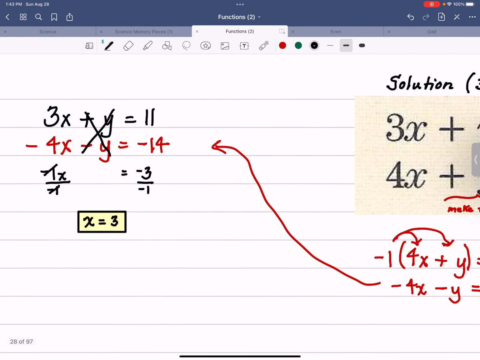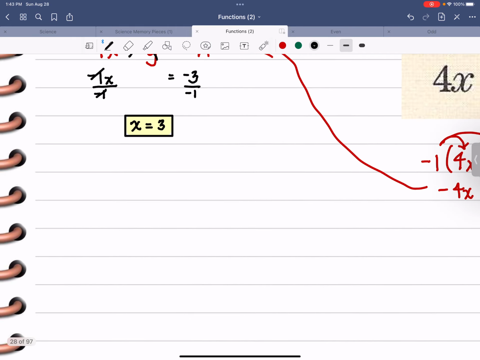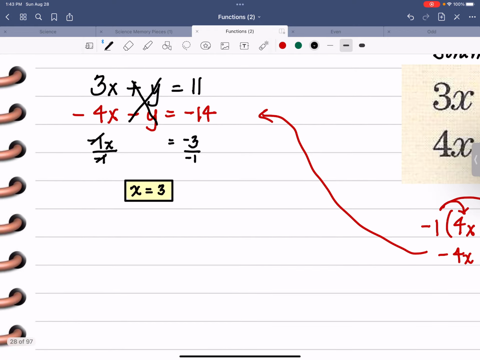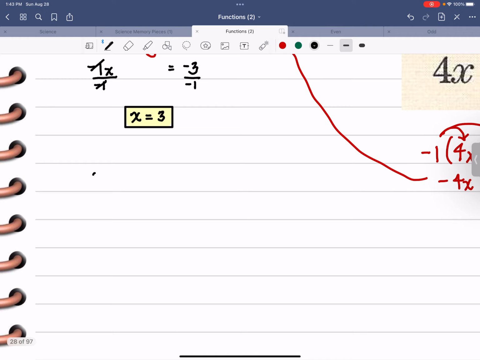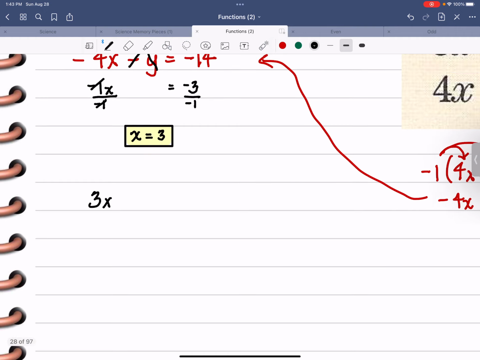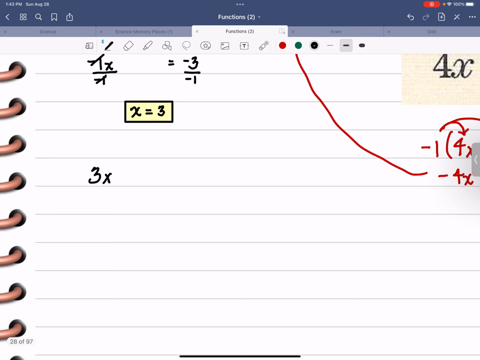Okay. Let's do the y value now. And you can choose either of your equations. I'm just going to use the same one. So I have 3x plus y is 11. And I'm going to substitute right here the x value of 3.